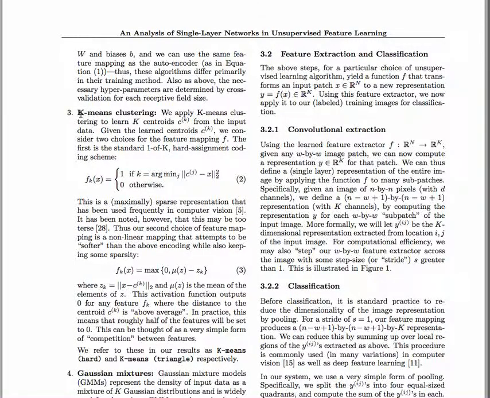It basically computes the mean of the output of the features, and then it sets practically half of them to 0, and everything that is above average it keeps. So it sort of implements some kind of competition. There's a k-means hard and a k-means triangle that are both implemented this way. The triangle one, the second one that I told you about, is quite effective.